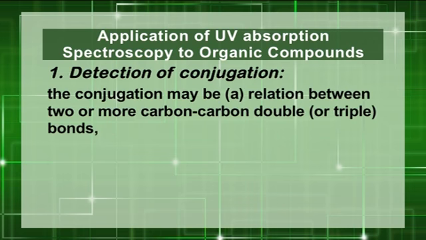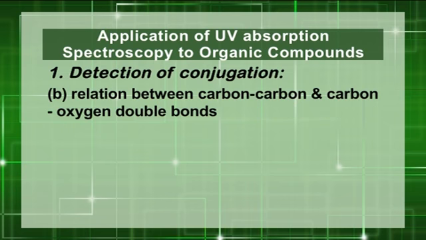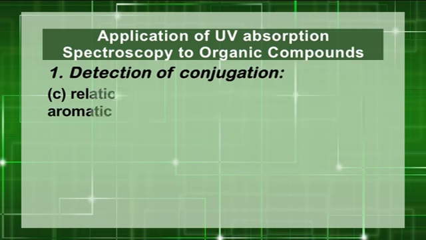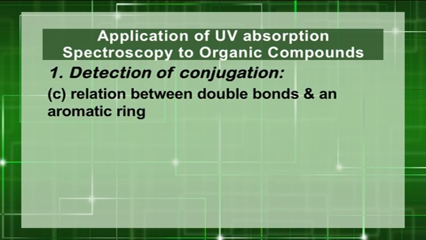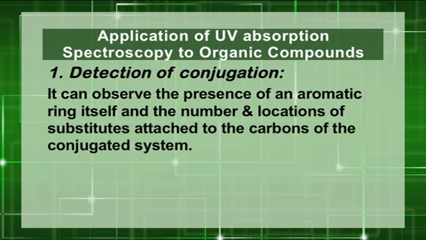The conjugation may be a relation between two or more carbon-carbon double bonds, or a relation between carbon-carbon and carbon-oxygen double bonds, or a relation between double bonds and an aromatic ring. It can observe the presence of an aromatic ring itself and the number and locations of substituents attached to the carbons of the conjugated system.